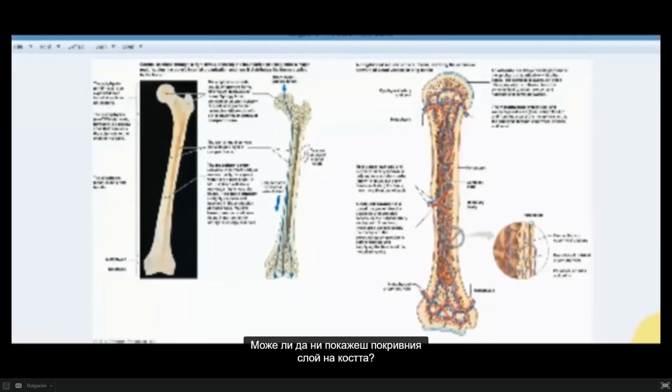Can you show us where you start with the skin of the bone? So this is the spongy structure.